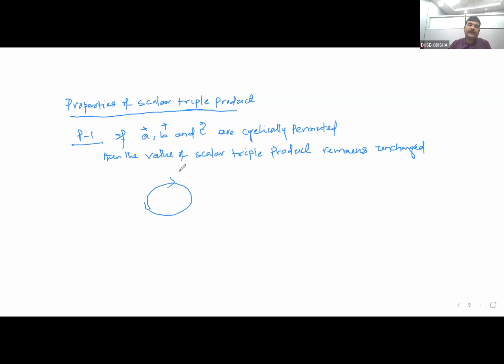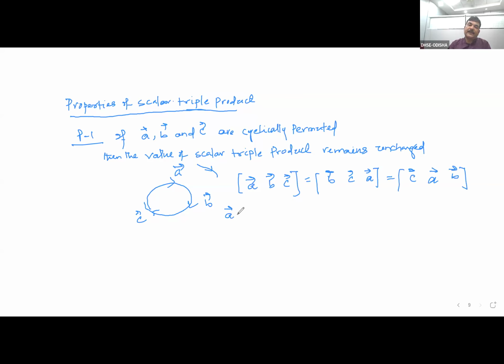Suppose vector A, vector B, and vector C are taken in a cyclic order, clockwise. The property says that the box product ABC is equal to box product BCA, which equals box product CAB.